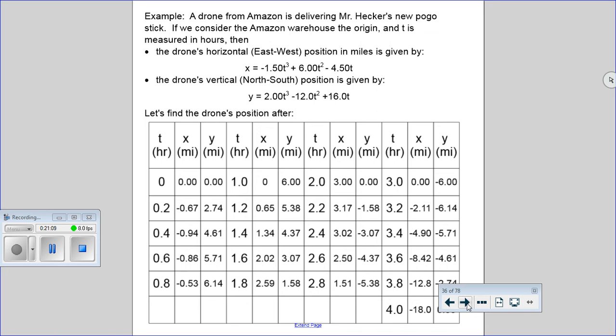Basically we're going to plot the x, y position of the object at evenly spaced time intervals. So that's the coordinate 0, 0. That's where we are after 0 hours. After 0.2 hours, here's my position. After 0.4 hours, here's my position, etc.